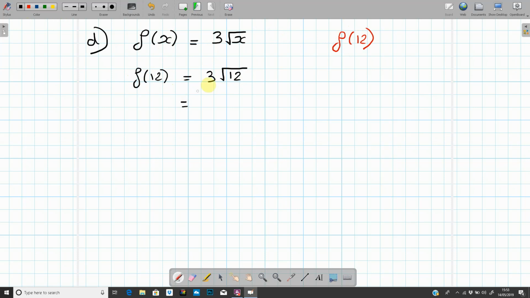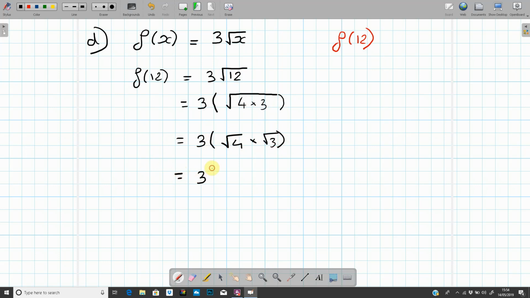Now, it's asking us to simplify it as far as possible, so this is a surd. So we'll keep the 3 as it is, and we'll do a large square root. Now, two numbers that will multiply to give you 12, one of which should be able to square root properly. In this case, we can do 4 times 3. So if we split these up, keeping the 3 outside the bracket, we get the square root of 4 times the square root of 3.